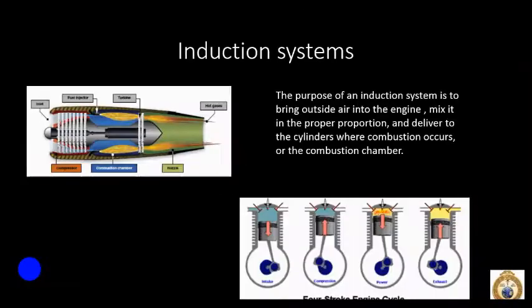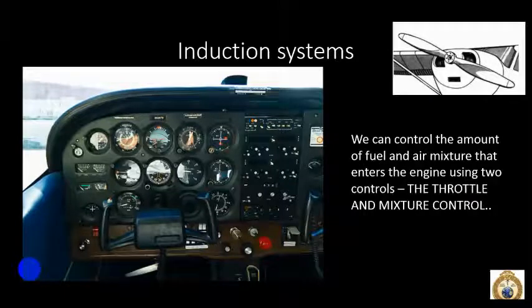So moving right along, we're going to talk about induction systems. The purpose of an induction system is to bring outside air into the engine, mix it in the proper proportion, and deliver it to the cylinders or the combustion chamber of the jet engine where the combustion occurs. We control the amount of fuel and air entering the engine using 2 controls.